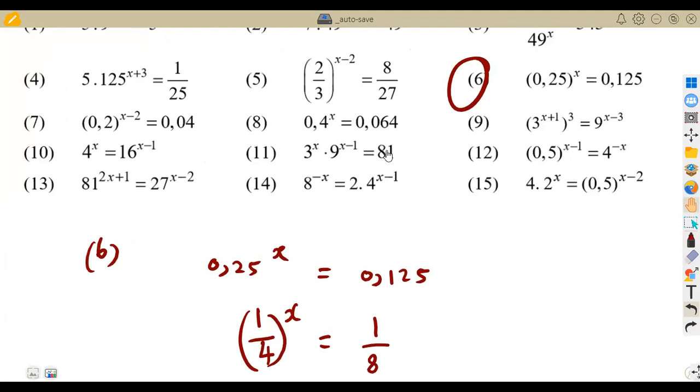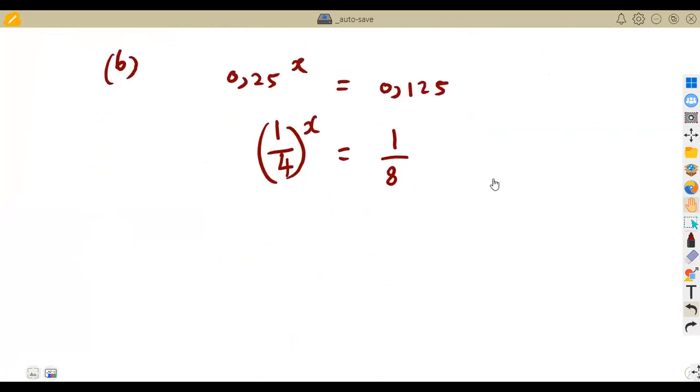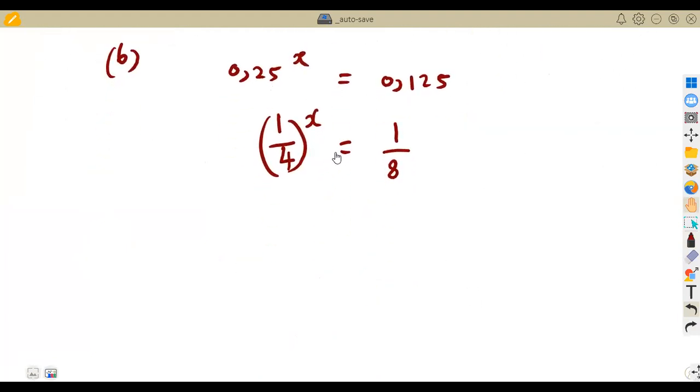Just like the last part that we had, we have to ask ourselves: is it possible to have these in the same number now? Is it possible to have this 1 over 4 raised to a certain exponent to give us 1 over 8? You're going to see that it's impossible because this is 8, this is 4.